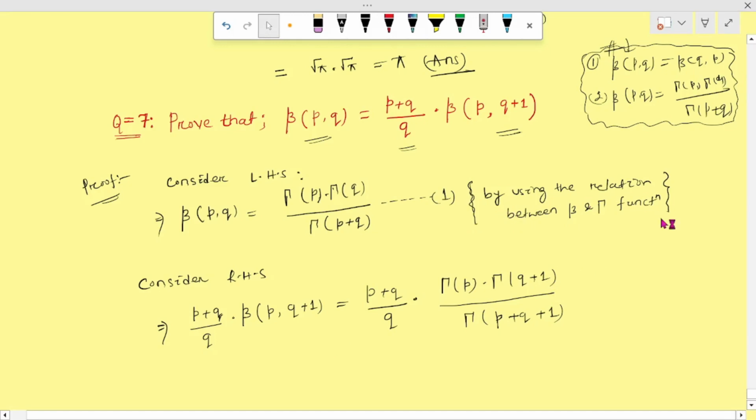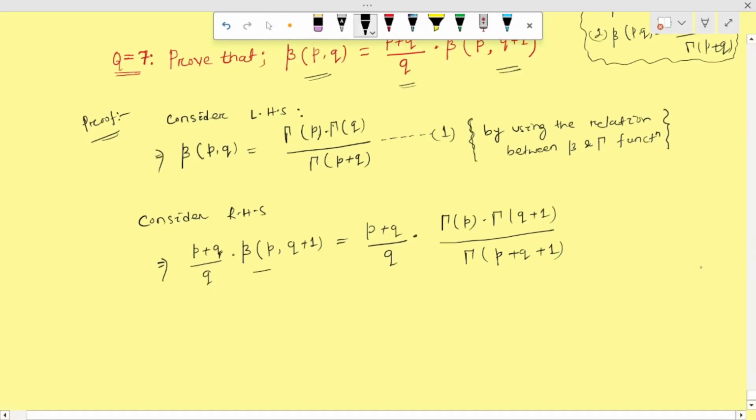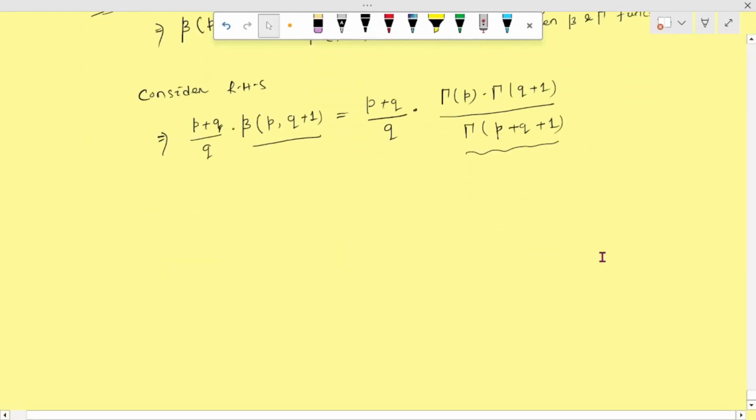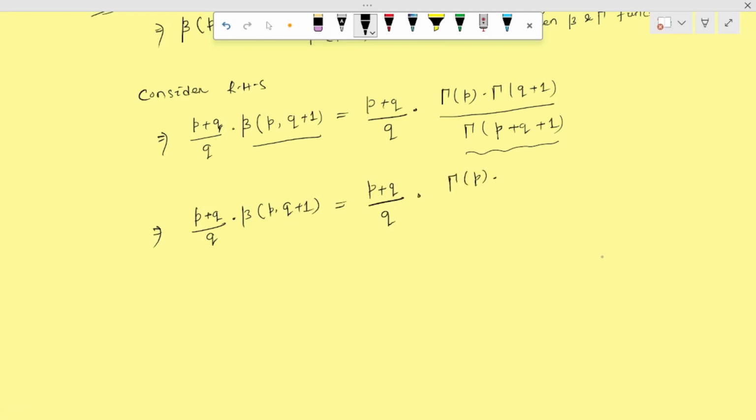So, by using the relation between beta and gamma function, beta(p,q+1) is written this much. Now the RHS, (p+q)/q into beta(p,q+1), will be equal to how much? Here (p+q)/q into gamma(p), then gamma(q+1) will be written as q into gamma(q) by using the first property of gamma function.